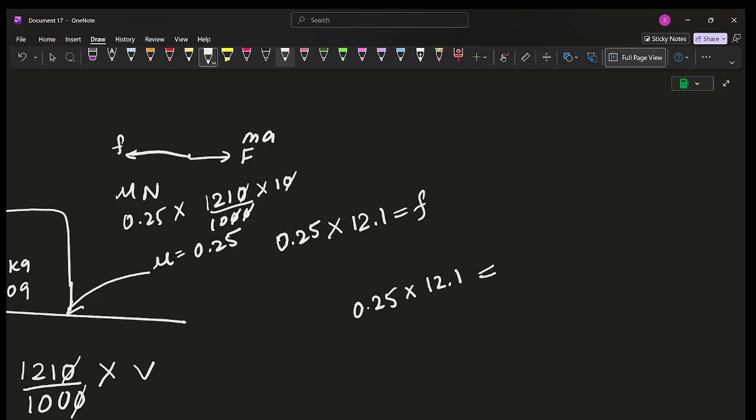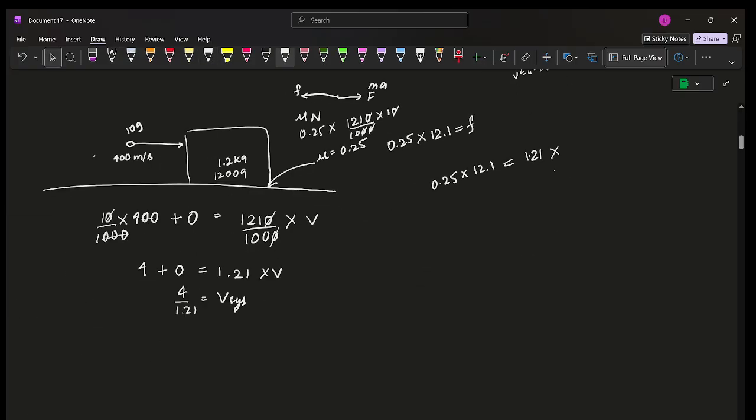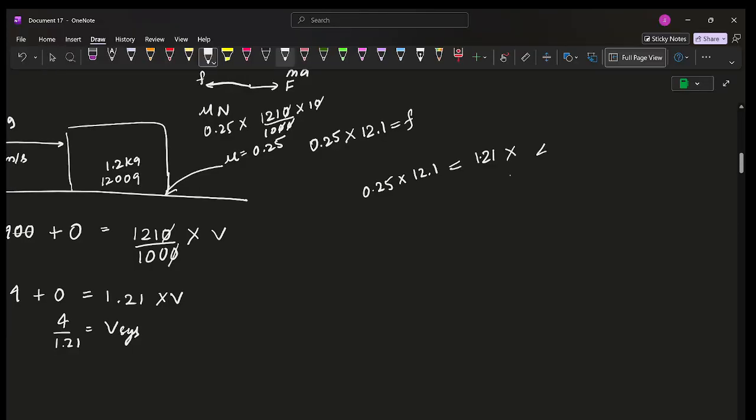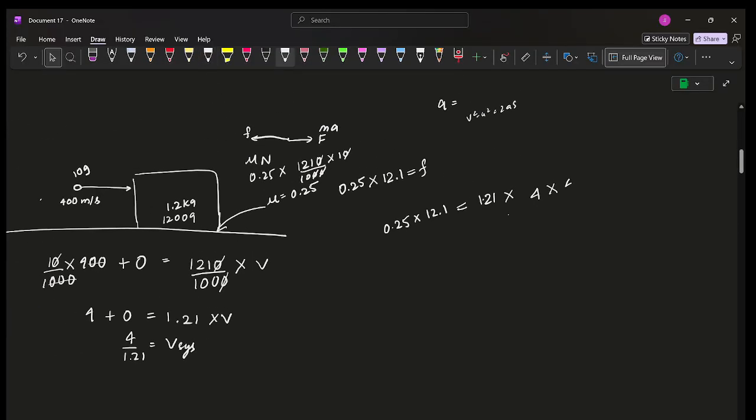Mass is compulsory here, into acceleration. Could I write it as V square, mass is equal to s? V would be 4 by 1.1, by 2 into s.